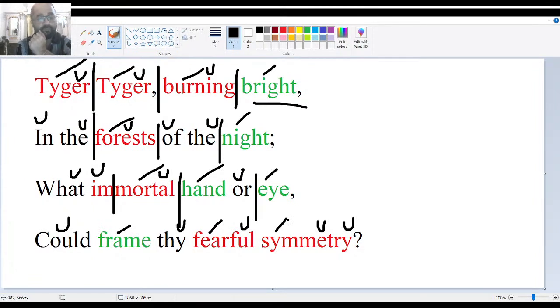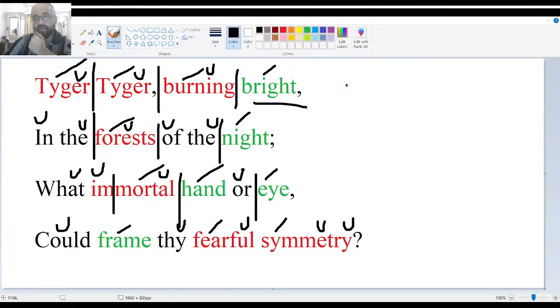But before we scan the last line, let's look at the last foot in each line, in the first three lines. Bright, night, eye. These are isolated, incomplete feet, and therefore they are not feet at all. They are incomplete.